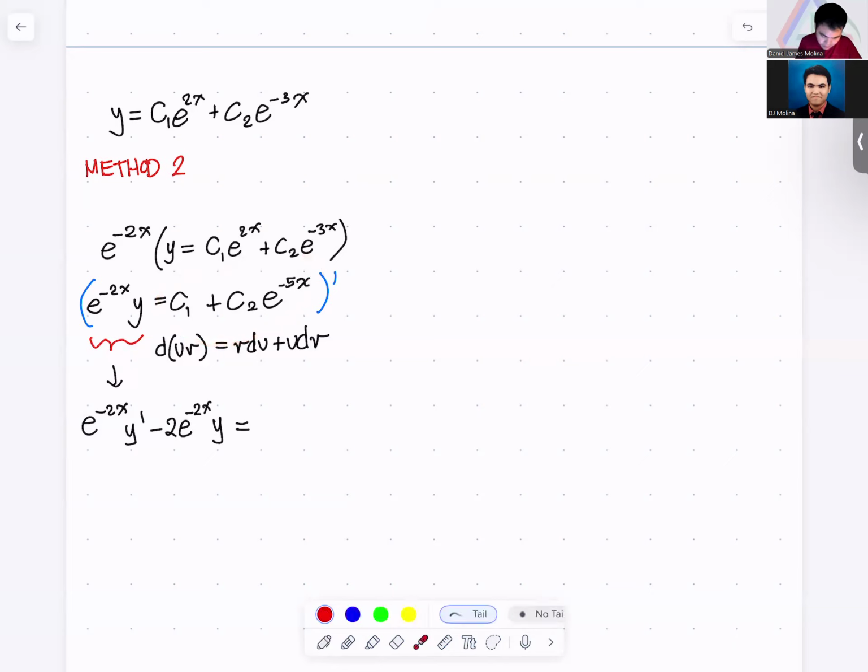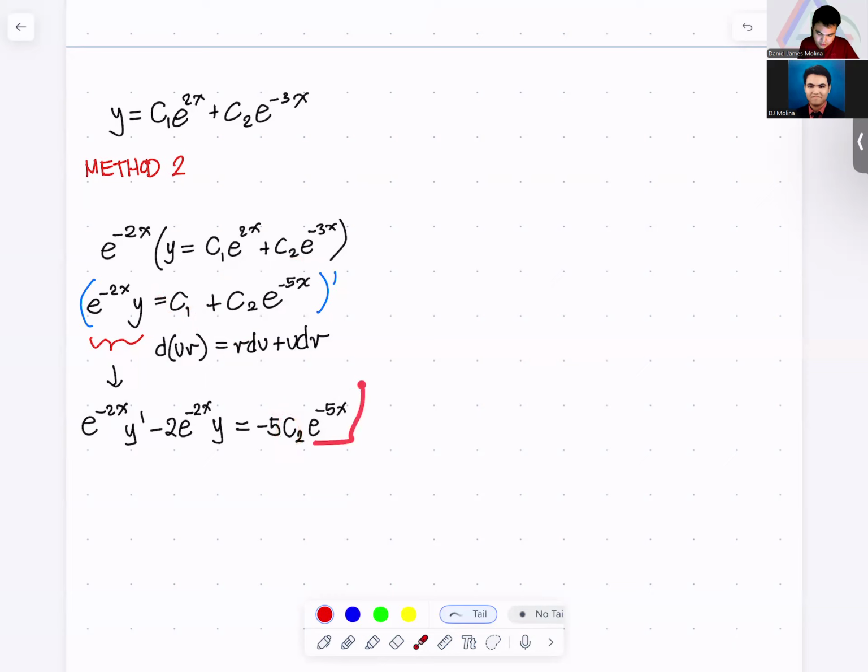Next, for the right-hand side, this is a simple differentiation. That's 0 already. This is negative 5c2 e raised to negative 5x. All right. Now, how do we eliminate c sub 2?